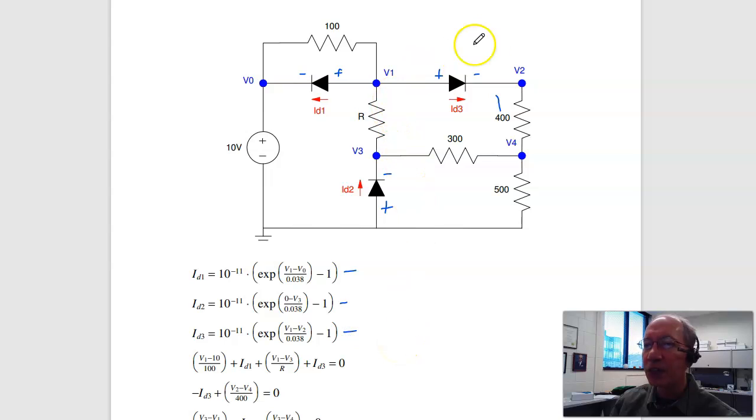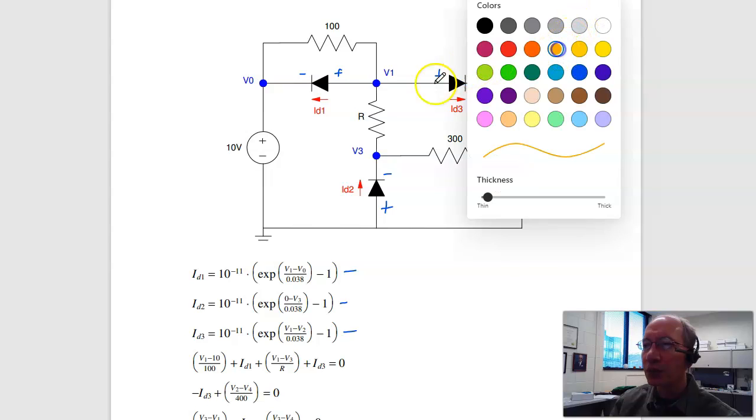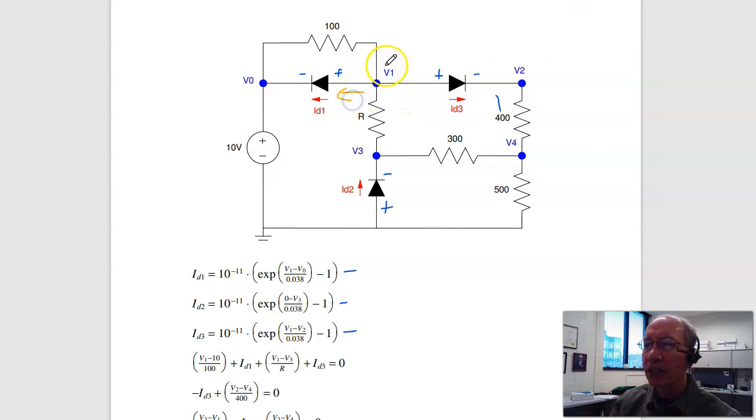Then the node voltage equations. At node 1, these currents add to 0, and that's V1 minus V0 over 100, plus ID1, plus ID3, plus V1 minus V3 over R. At node 2, it's minus ID3 plus V2 minus V4 over 400.